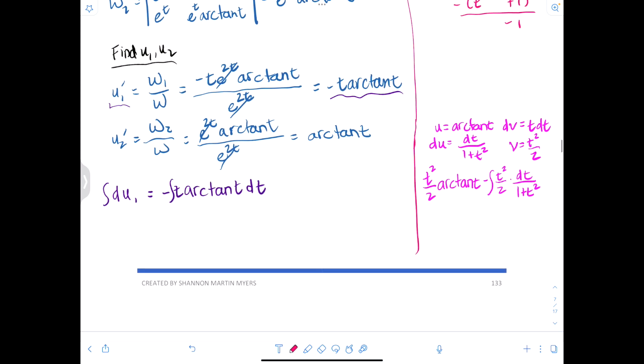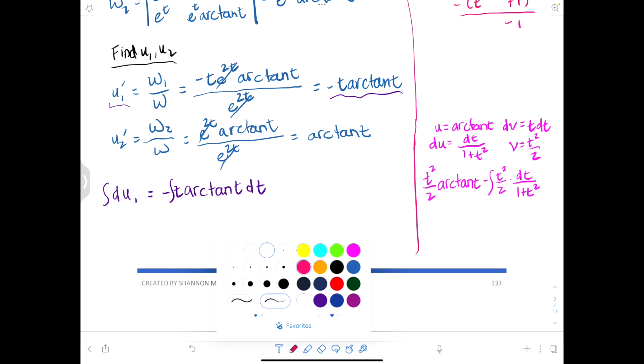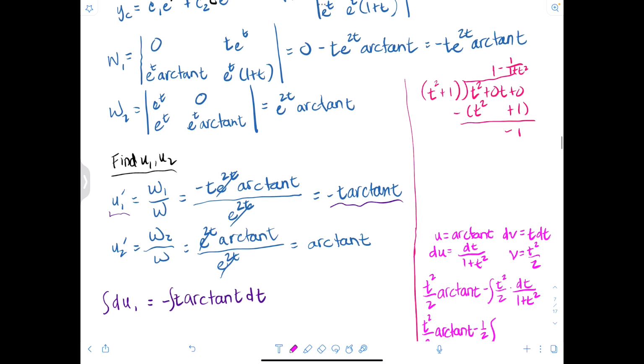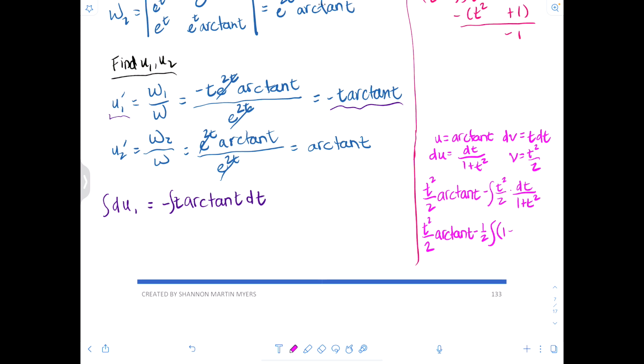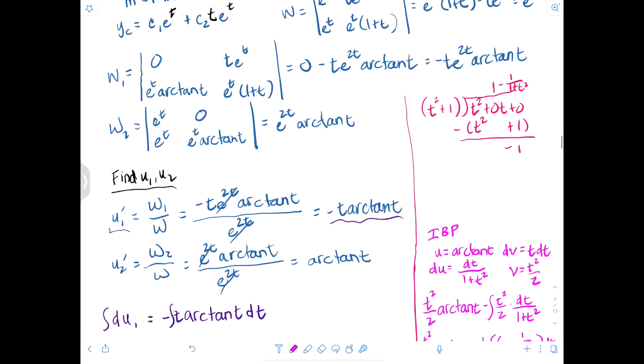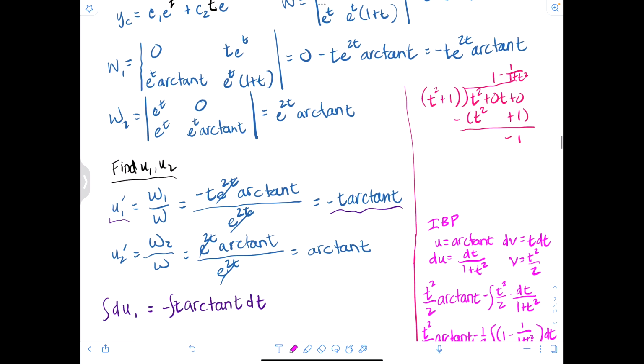So we will have t squared over 2 arc tangent t minus, I'm going to take out that 1/2, and then we're going to have the integral of 1 minus 1 over 1 plus t squared dt. This is our integration by parts, and this was our long division.